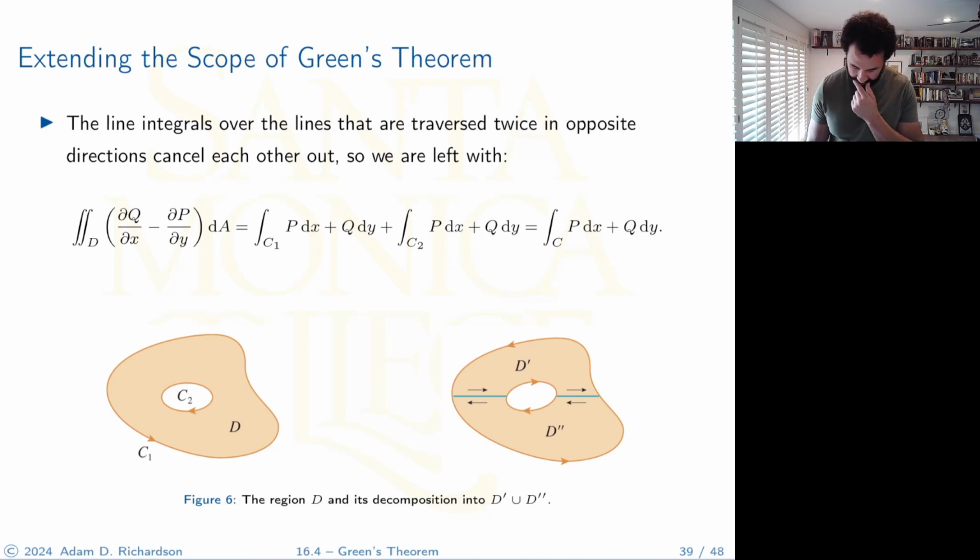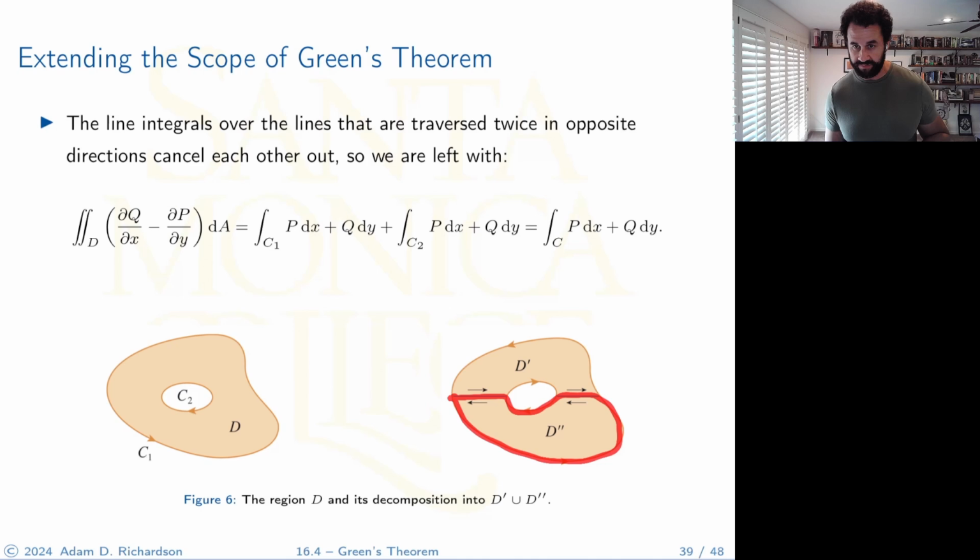Let me connect it to it like this. You can go like this. That's what we're doing. So you can compute the integral over this region, and it will be equal to the line integral over the union of those curves that I just traversed.